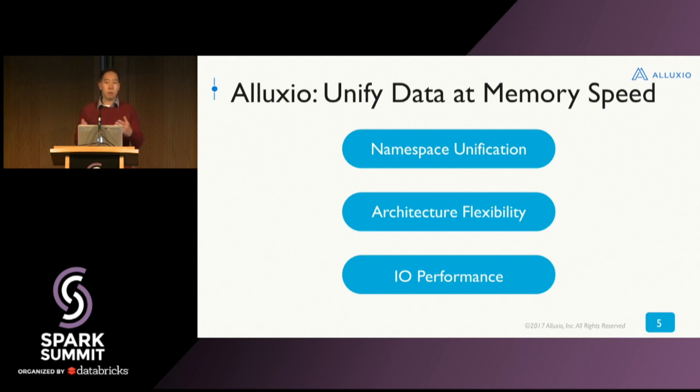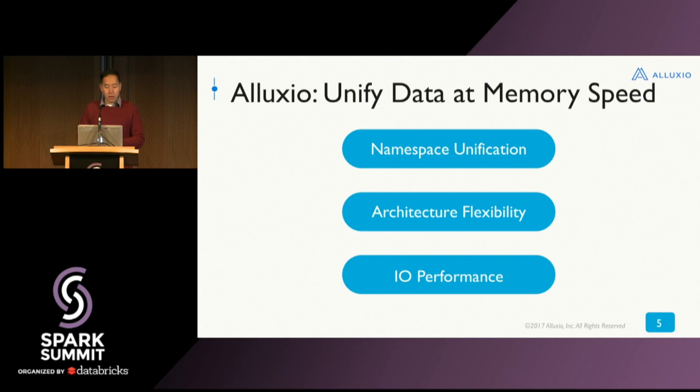So Alluxio sits in between existing storage and existing applications. So since it's in between those two layers, it really enables the flexibility to use different storage systems and different applications. And so Alluxio, by being at that layer, can really enable that type of flexibility for deployment and environments.